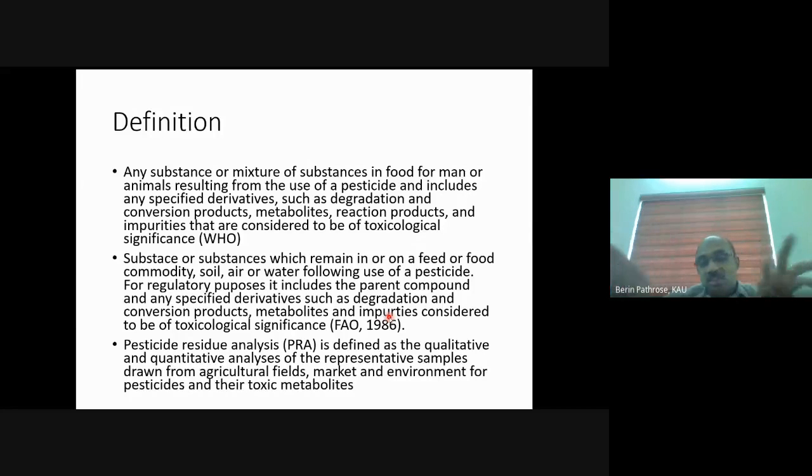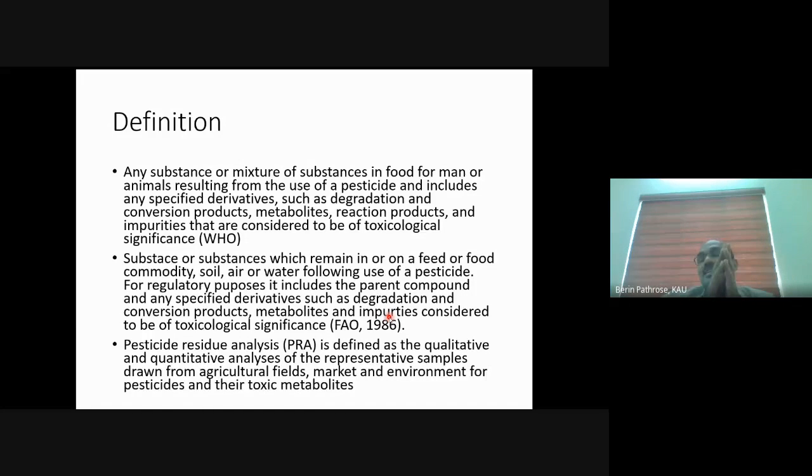So we have to measure both. I will take the example we discussed about pro-insecticide. Malathion is toxic, its degradation product malaoxon is also toxic. So here, if you want to calculate the residue from malathion, you have to sum up the residues of both malathion as well as malaoxon.